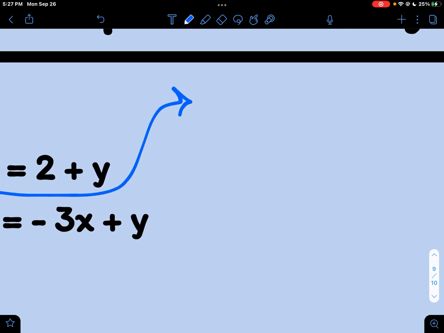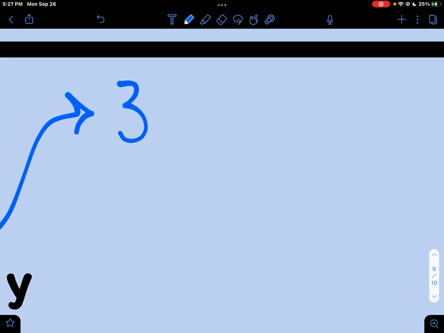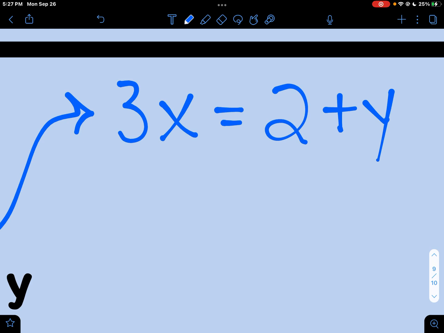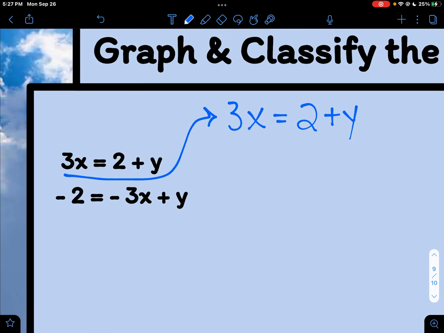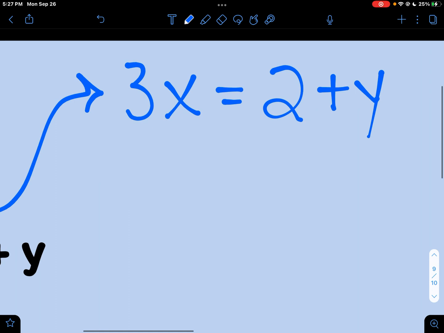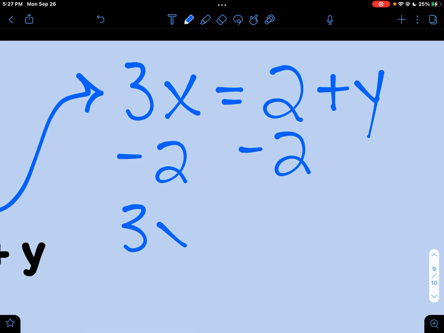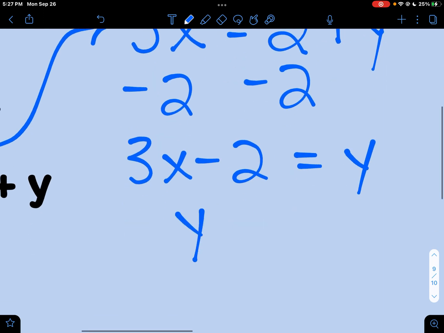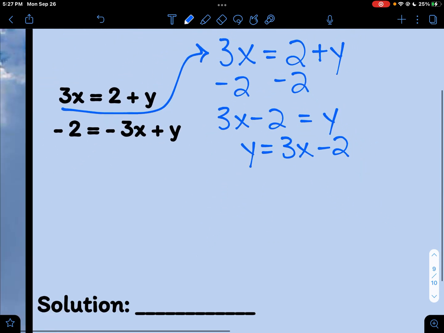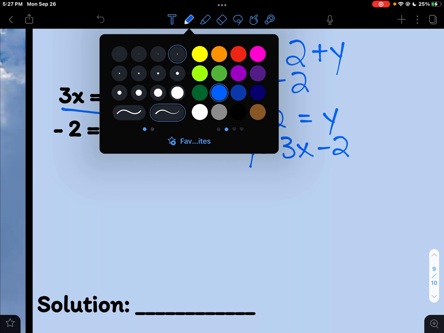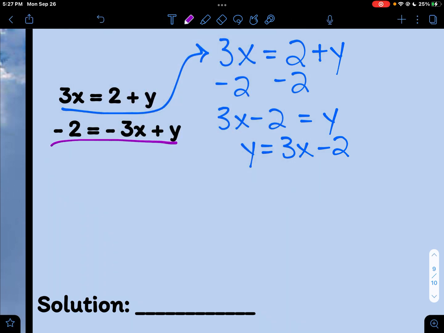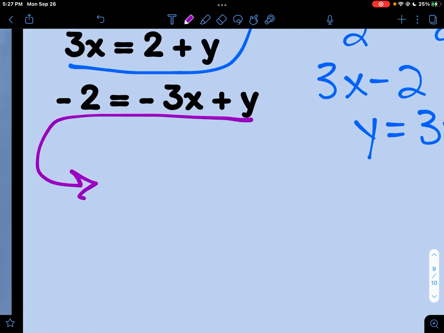3x equals 2 plus y. I need y by itself. 3x minus 2 equals y. Turn it around: y equals 3x minus 2. Let's do this one here.